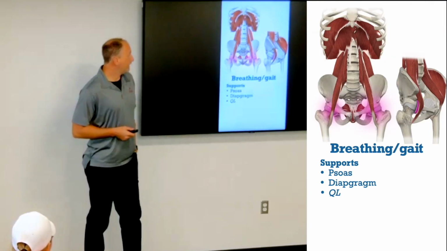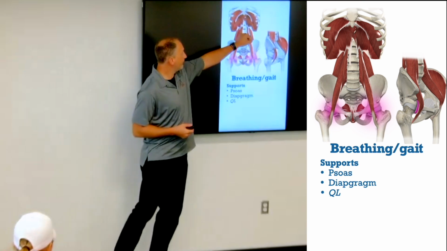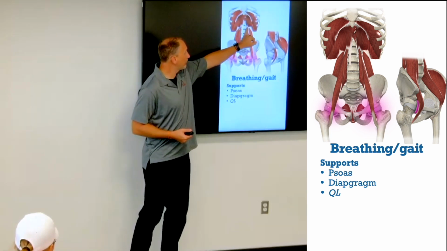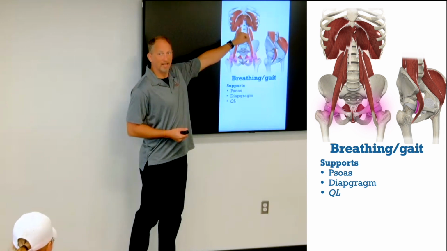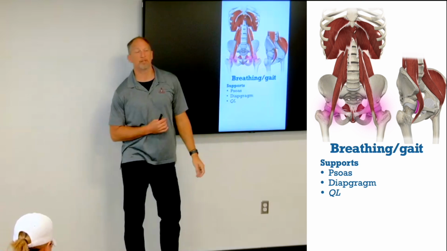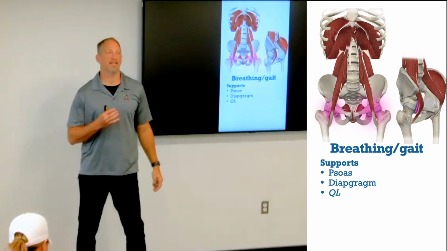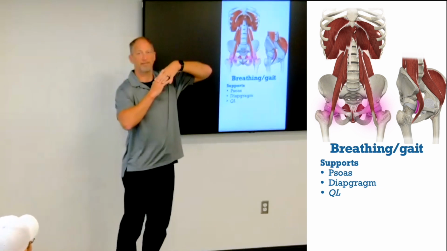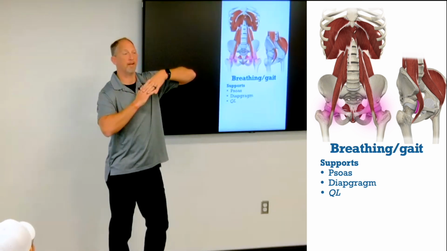Again, as we look at this now from the anterior side, the psoas actually passes through the crura of the diaphragm. It's that close of a relationship. Some research that's looked at this actually says some of the fibers of the psoas intermix with the fibers of the diaphragm, the crura of the diaphragm.